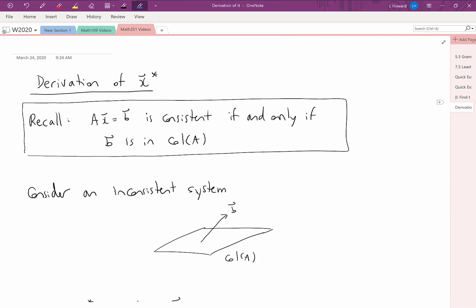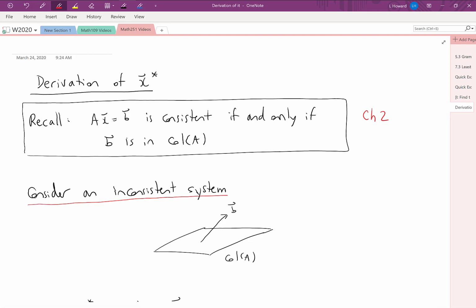So let's call this the derivation of x star. We're going to start with a fact from chapter 2 that says a system Ax = b is consistent if and only if b is in the column space of A. So let's consider an inconsistent system. That's what we're doing in this context: we're trying to find the best solution to a system that's unsolvable.